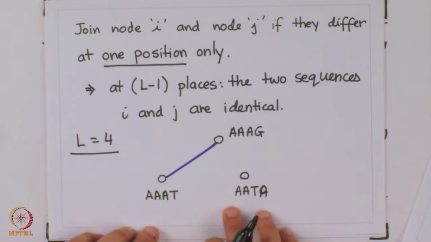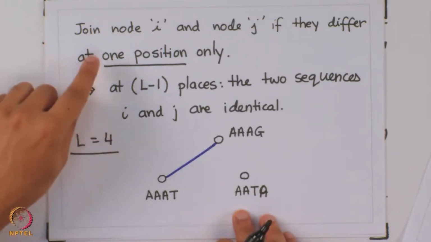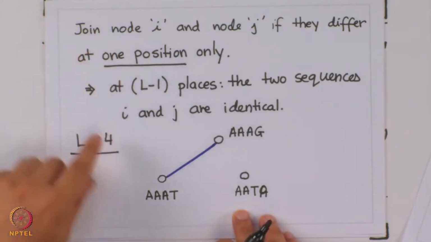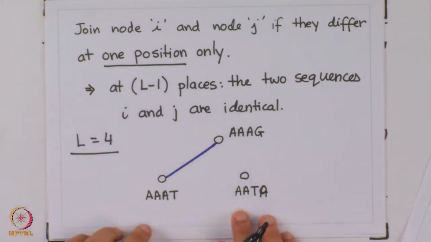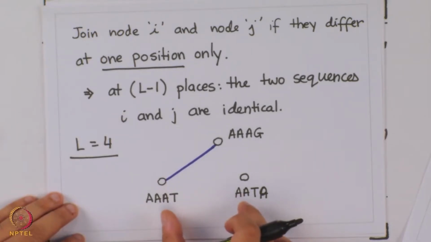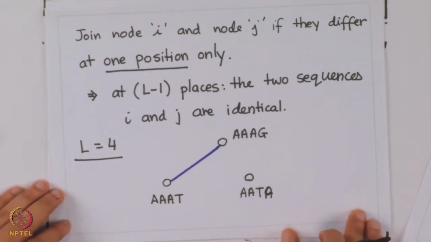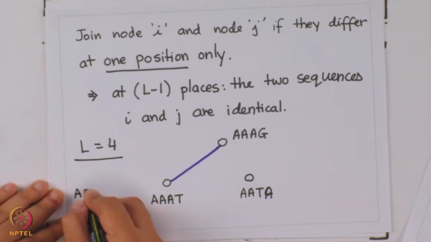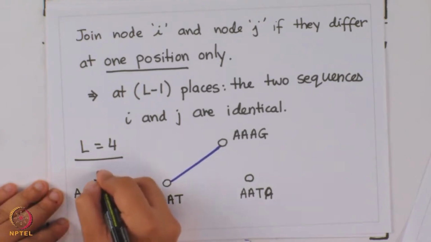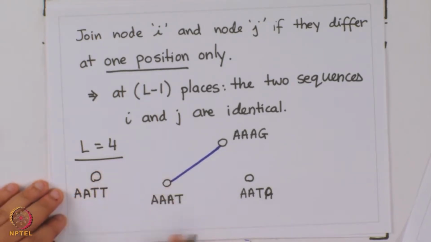Hence, these two differ at not 1, not 0, but 2 positions, and they are only identical at L minus 2 places, which is 2. Hence, we will not join these two nodes with an edge here. You could also have differences in the middle, which is you could have AATT. This is the node that corresponds to AATT.